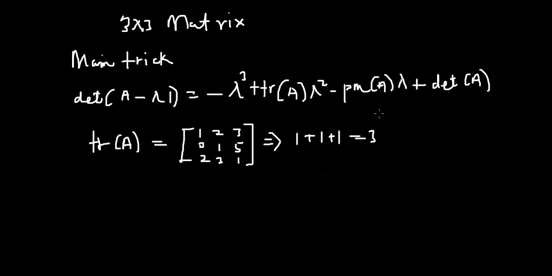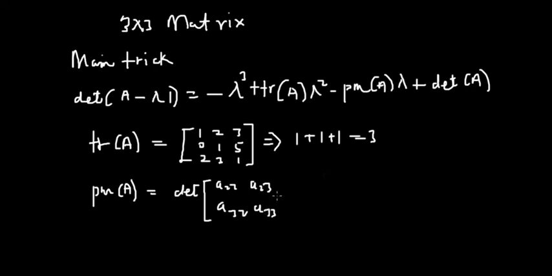Now let's proceed to finding the pm. How do we find our pm of the matrix? You take the determinant of the entire sections of the matrix. Let me write out a certain formula. It's quite cumbersome, but it's very important. So we have a3 2, a3 3, a1 1, a1 3, and then the determinant of the last one: a1 1, a1 2, a2 1, a2 2. Don't pay much attention to the formula I'm writing.